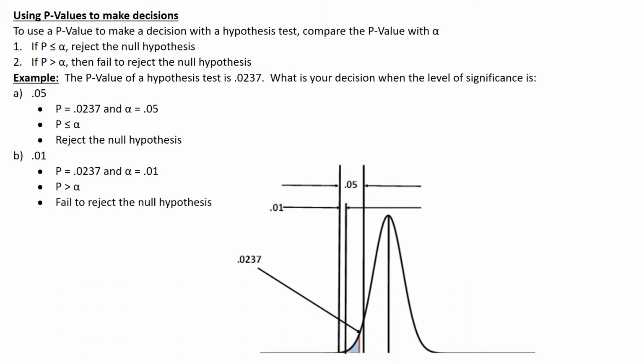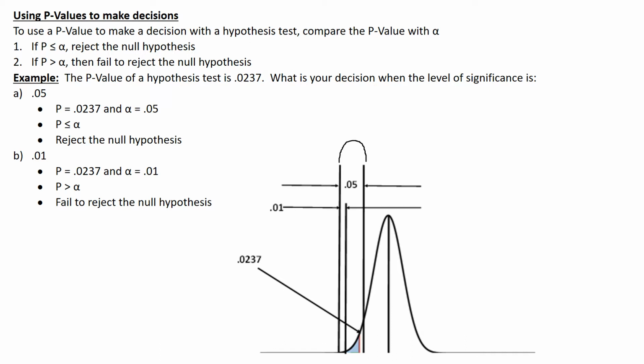Let's suppose my p-value, and that really is what a z-score is, is 0.0237. Now, if I'm given an alpha of 0.05, you can see under here from the very beginning of this curve, it's the left tail, by the way, on the left side, the 0.05.